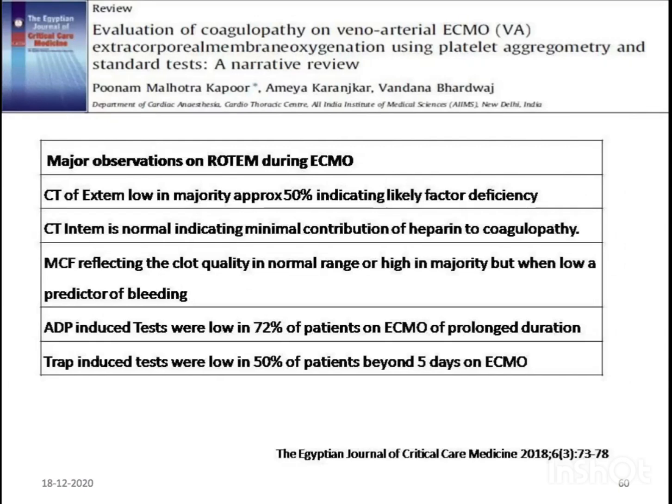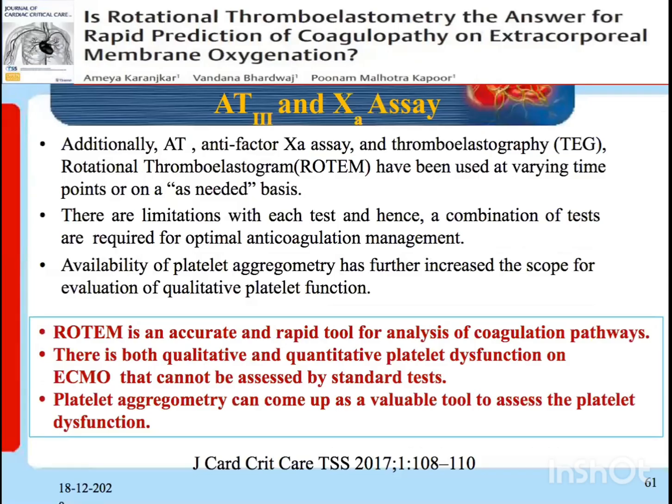But when MCF is low, it means hyperfibrinolysis. It is a predictor of low platelets. If it is low MCF in fibrinogen or FIBTEM, it is a predictor of hypofibrinogenemia. The ADP-induced tests are low in 72% of patients on ECMO of prolonged duration, and the TRAP-induced tests are low in 50% of patients beyond 5 days on ECMO.